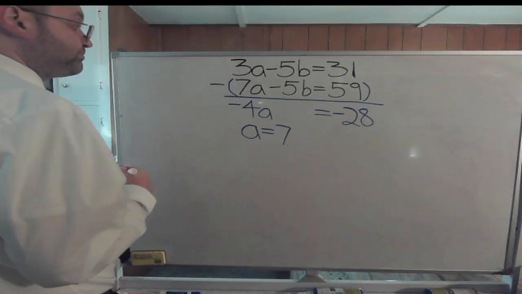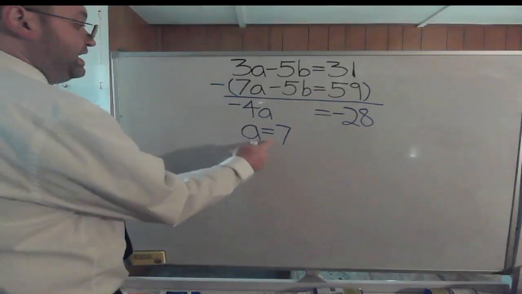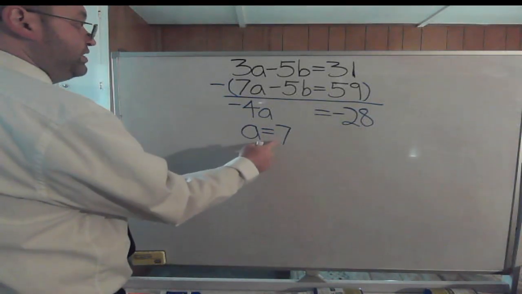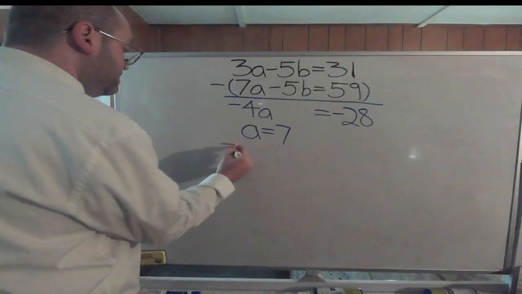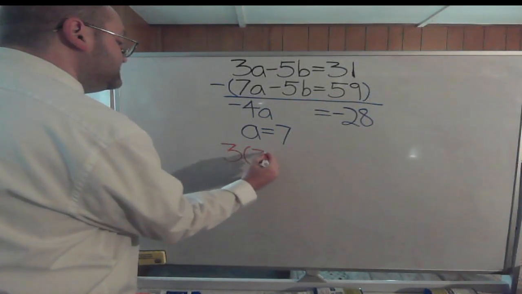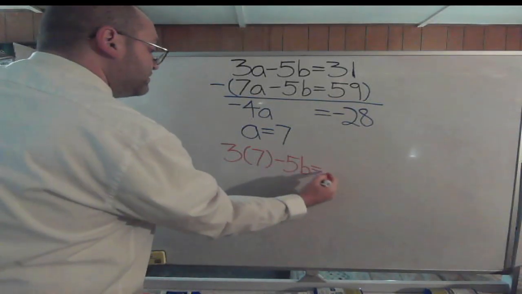So what we're going to do now is stick the a value into one of these equations and solve for b. So we'll take 3 times 7 minus 5b is equal to 31.